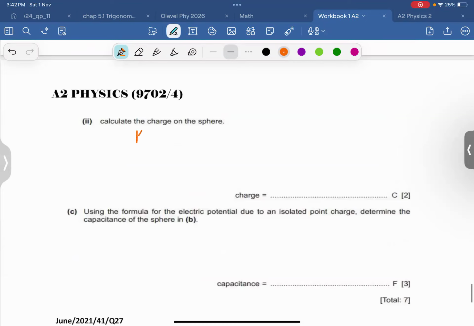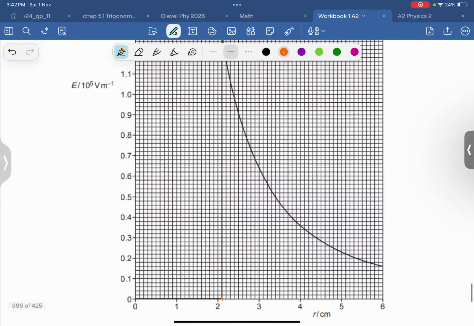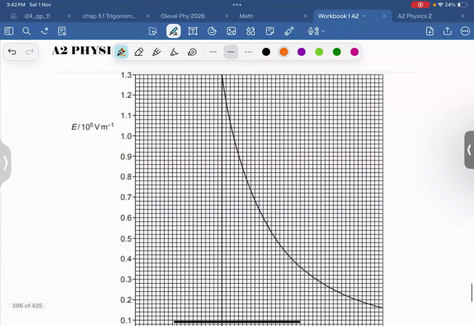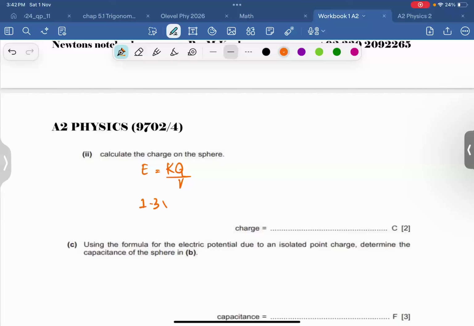So the electric field is equal to KQ over R, right? Since we are interested in charge, let's take the first value, which is 1.3. The electric field value is 1.3 exponent 5. This is the value at the radius of the sphere. R is going to be 2.1 exponent negative 2, divided by 8.99 exponent 9. This value will be given on the first page of your exam.